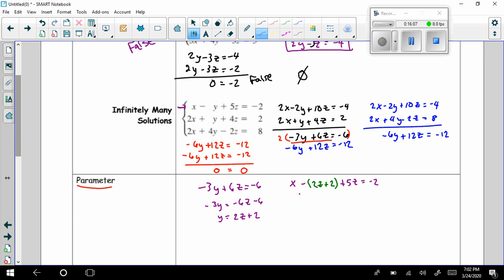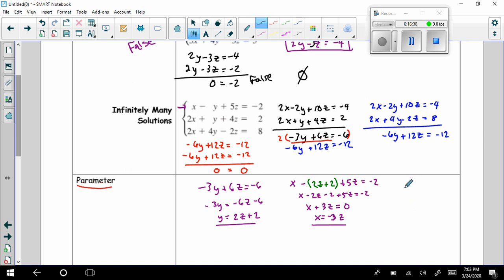Because if we solve this, then we get x minus 2z minus 2 plus 5z equals negative 2. So x plus 3z equals 0. So x equals negative 3z. All right, so now we have both x and y in terms of z.